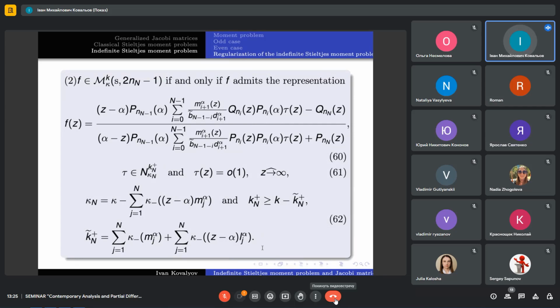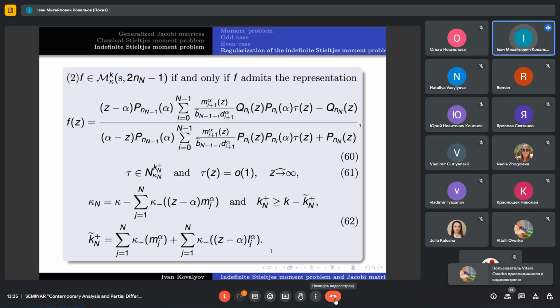And in the even case, we have a similar representation of our solution in the following form.